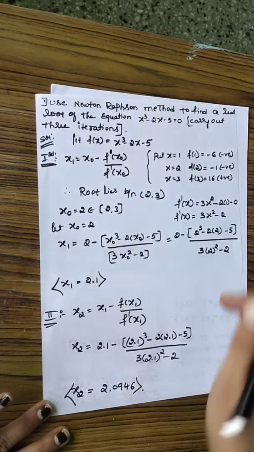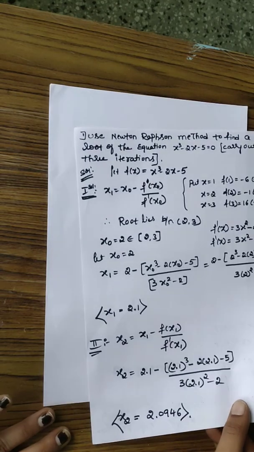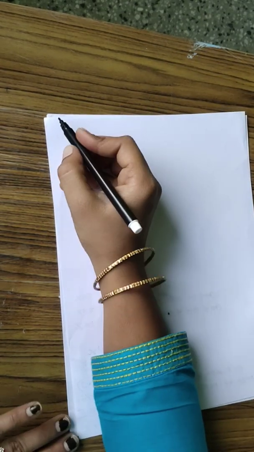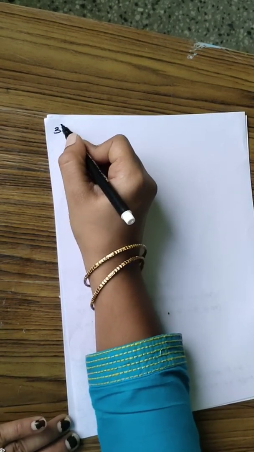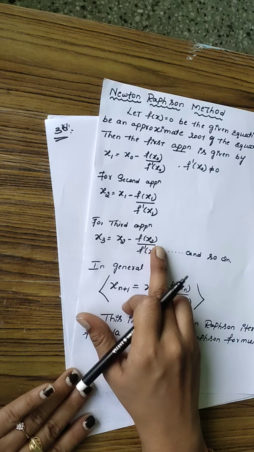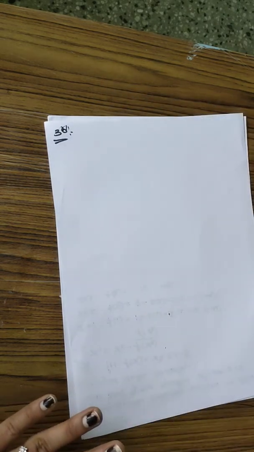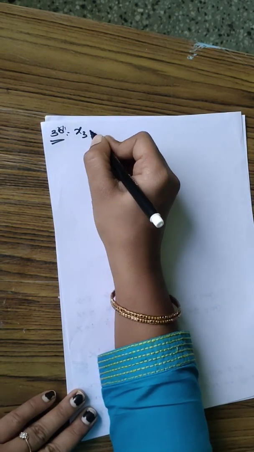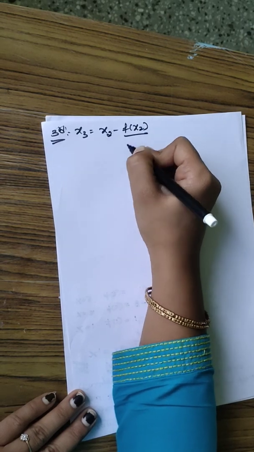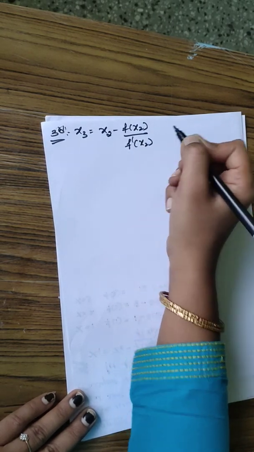In the problem, they are asking for up to 3 iterations. So for the third iteration, what is the formula? x3 equal to x2 minus f of x2 divided by f dash of x2.